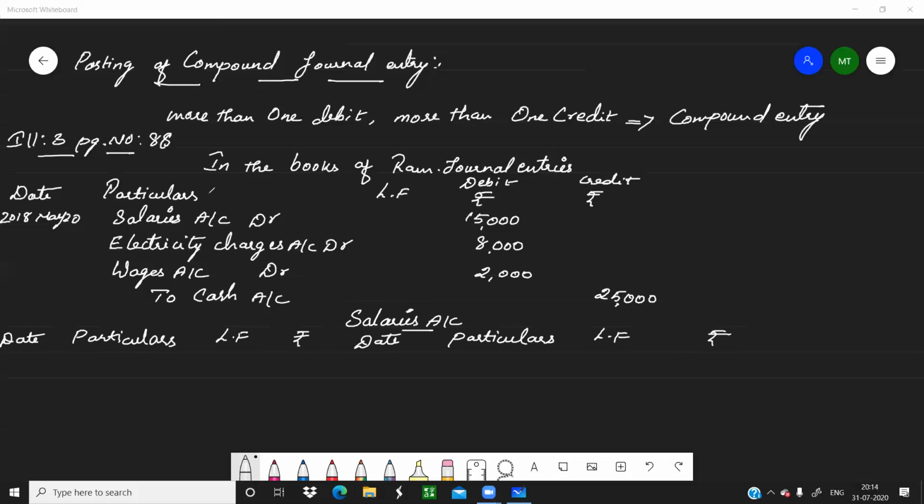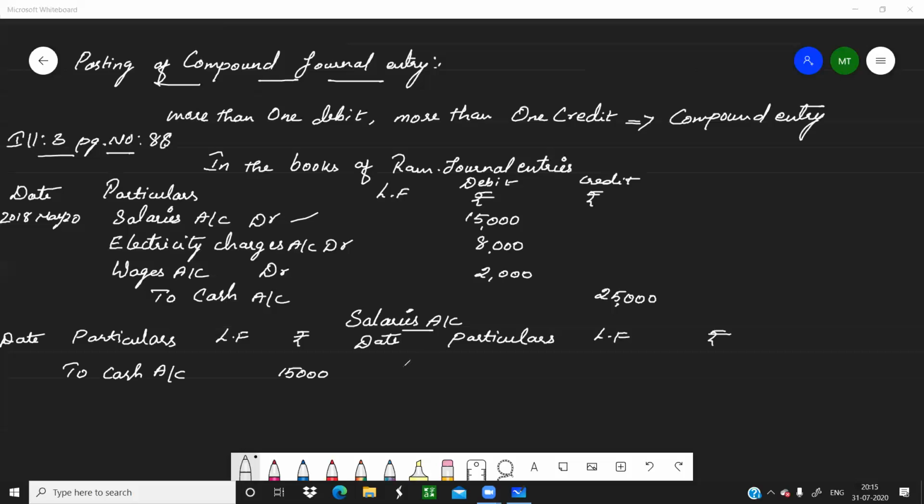Okay, so salaries account is a debit balance. So salaries account on the debit side. Cash is a credit balance. So to cash account, rupees 15,000. So salaries account debit to cash account. On the debit side of salaries account, you will write the cash account.